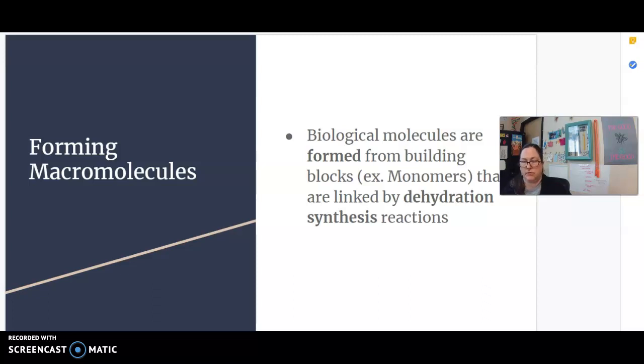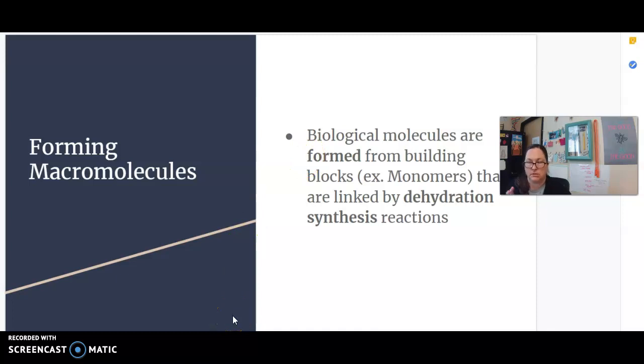Alright, so forming macromolecules. Remember what it means to be dehydrated. Being dehydrated means that you don't have enough water. Synthesis means putting together. So biological molecules are formed from building blocks, monomers.